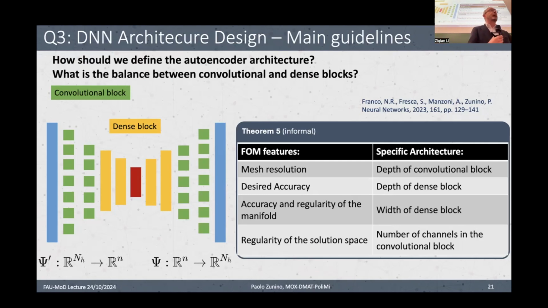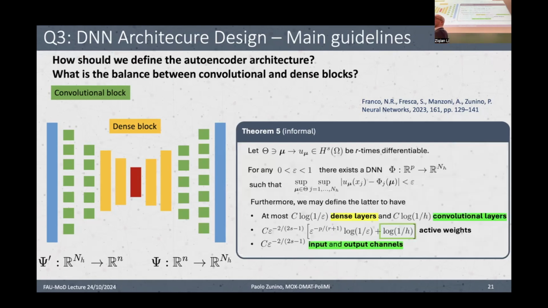So if you want to be more precise, we have to increase the number of blocks in the core. The regularity of the solution manifold affects the width of the dense block, while the regularity of the solution space, measured with some Hilbert space, for example, affects the number of channels in the convolutional layers block. So these are quite useful guidelines that were formulated more rigorously almost as a theorem, which really helps to understand how to adapt this construction from one problem to another.